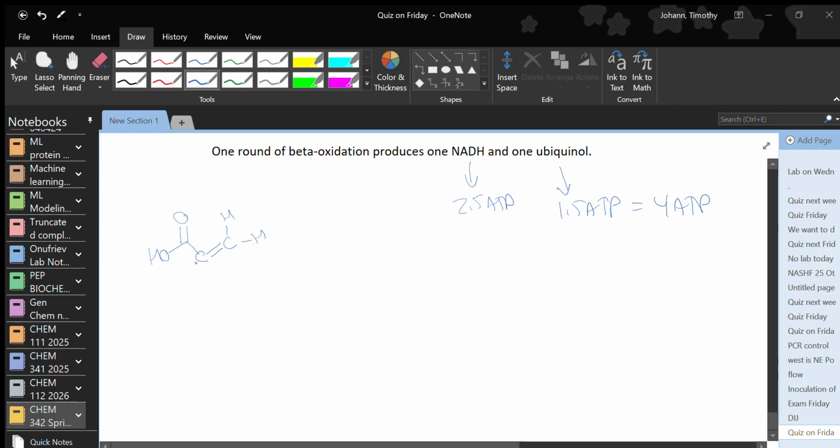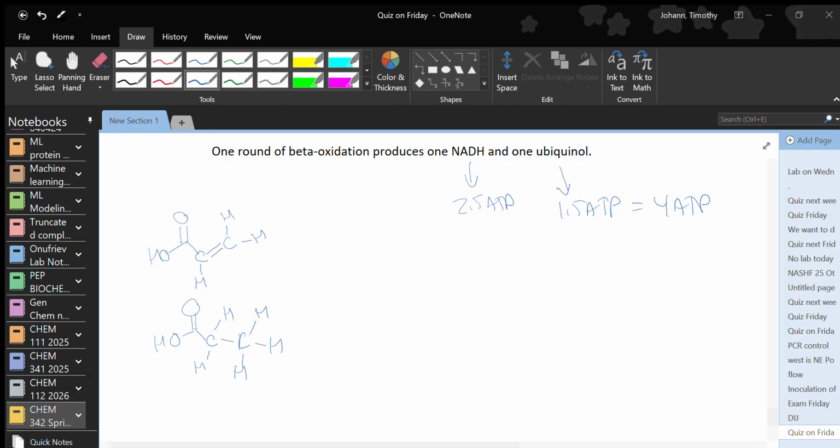So it's a 3-carbon fatty acid. Let's do the same 3-carbon fatty acid, but without the double bond. You see we have a lot more hydrogens on this. So there's more energy to be had from this than that, because this is more reduced than that.